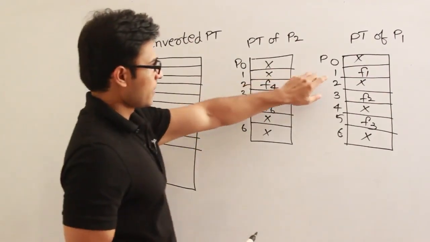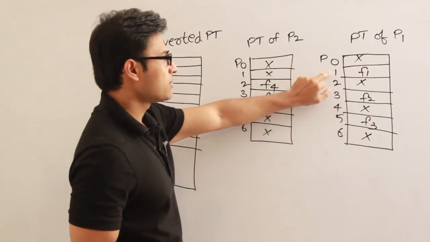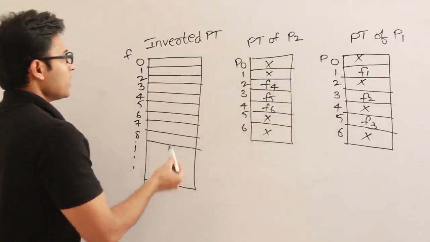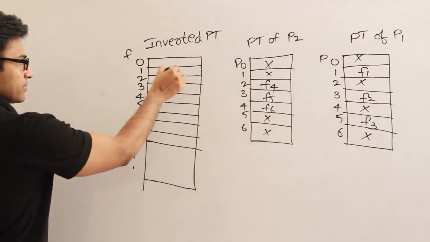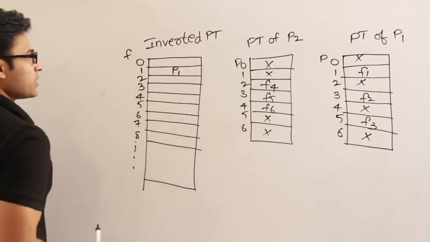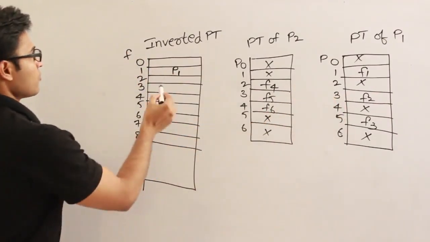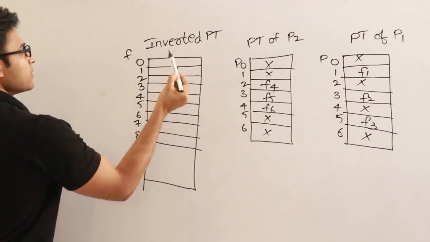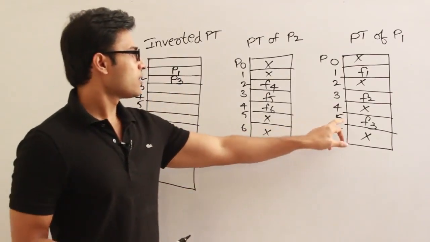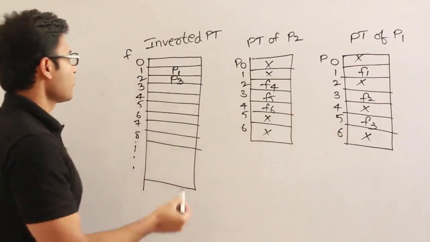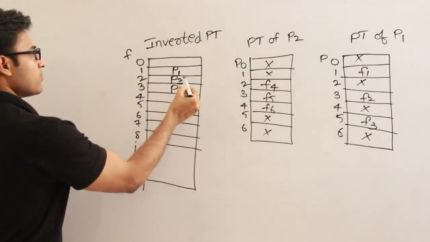Now see this. In frame number 1, page number 1 is present of process P0. So frame number 1 contains page number 1, isn't it? And then frame number 2 contains page number 3, and frame number 3 contains page number 5.